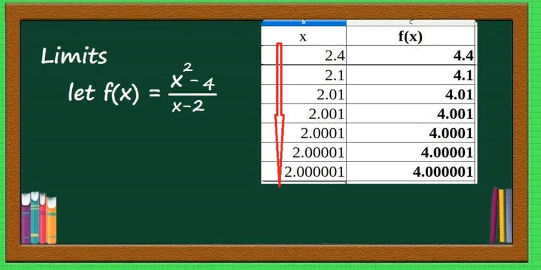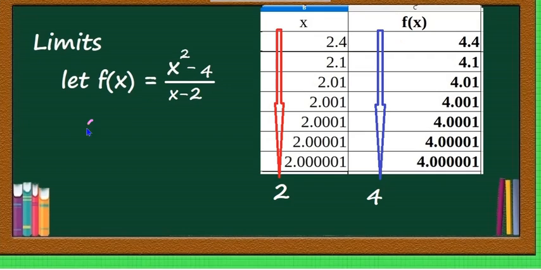Here x is approaching 2 from the right side, and f of x is also approaching 4. Here the left side limit and the right side limit, both of them are equal. But when x equals 2, f of x is not defined.